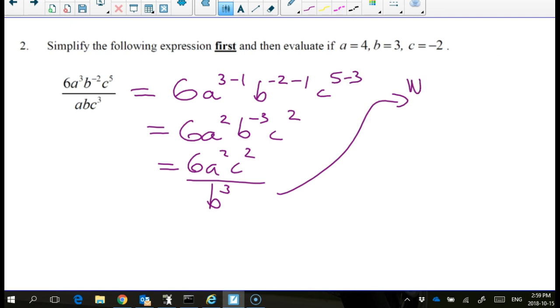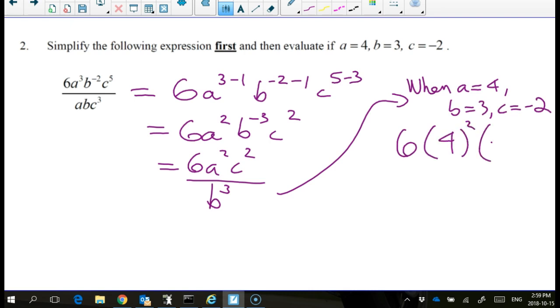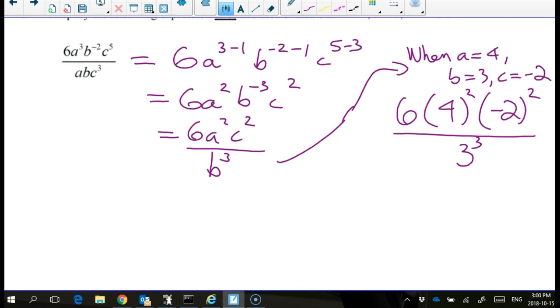We'll say when a equals 4, b equals 3, c equals negative 2, we have 6 times a, so that's 4 squared, times negative 2 quantity squared, all over 3 cubed. And there's no equal sign there, it's just when we substitute these values in, and then we can work it out.